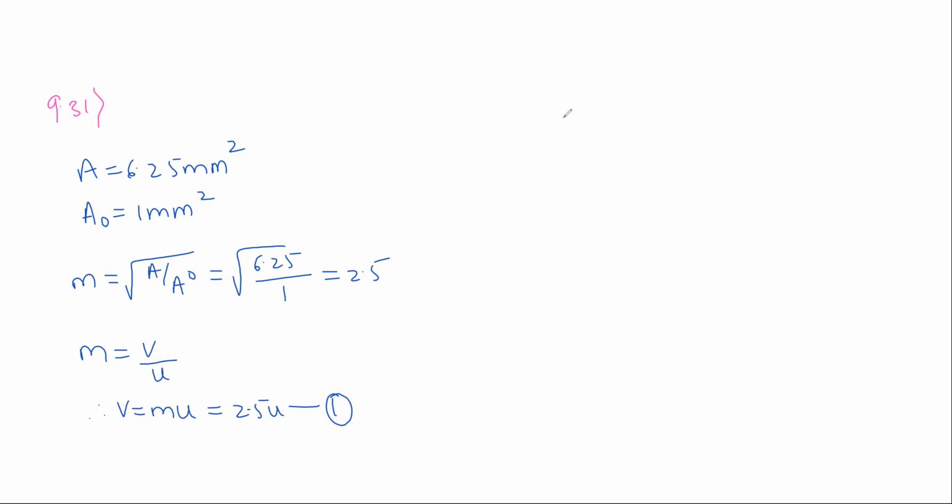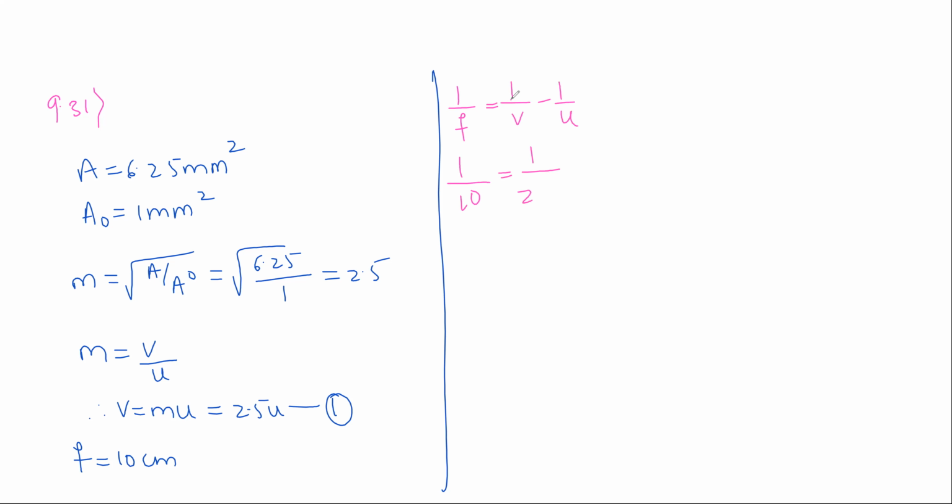So focal length of the magnifying glass F is equal to 10 centimeter. According to the lens formula, 1 by F is equal to 1 by V minus 1 by U. So 1 by 10 is equal to 1 by 2.5 U minus 1 by U. Simplifying, 1 by U is taken out in the bracket: 1 by 2.5 minus 1, so 1 minus 2.5 divided by 2.5.